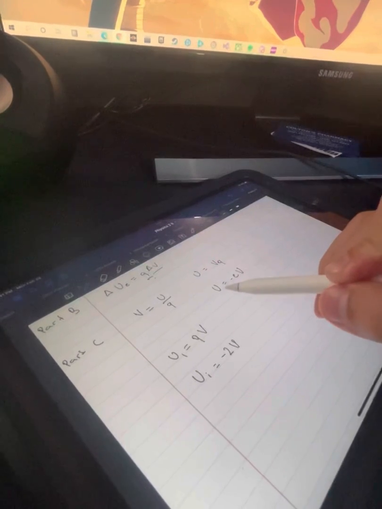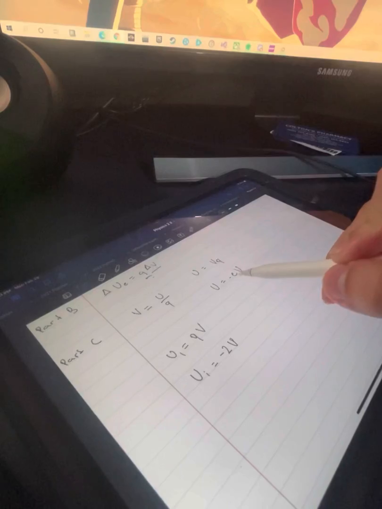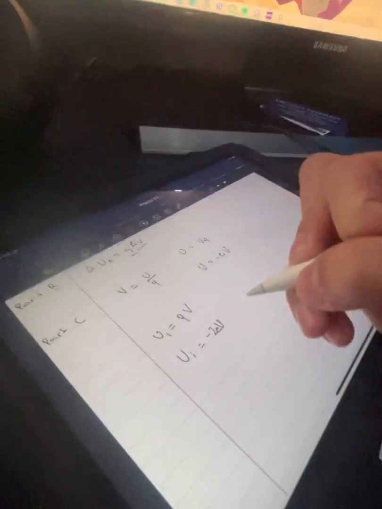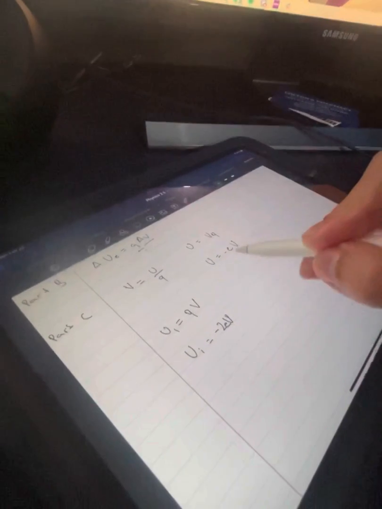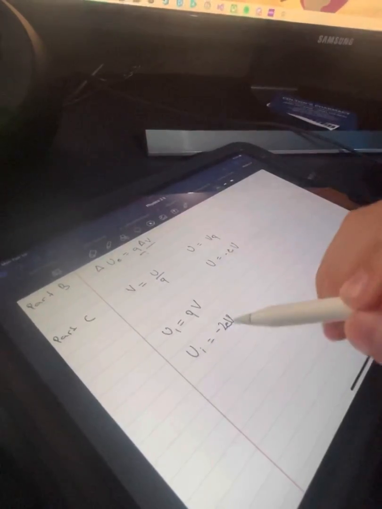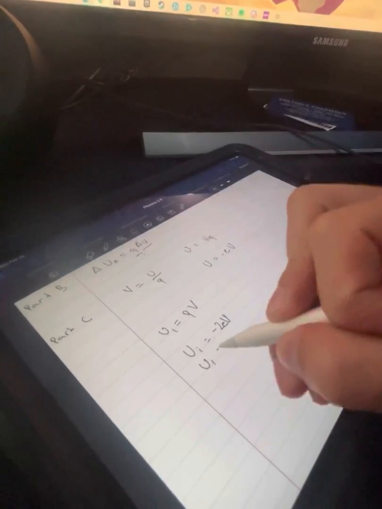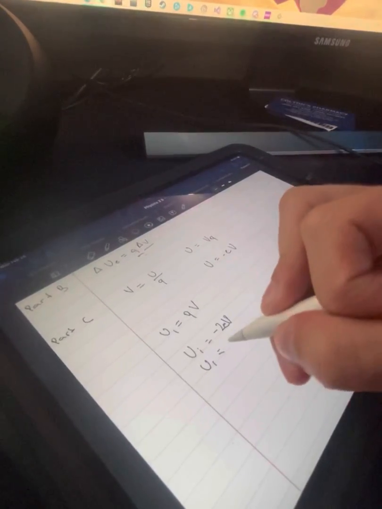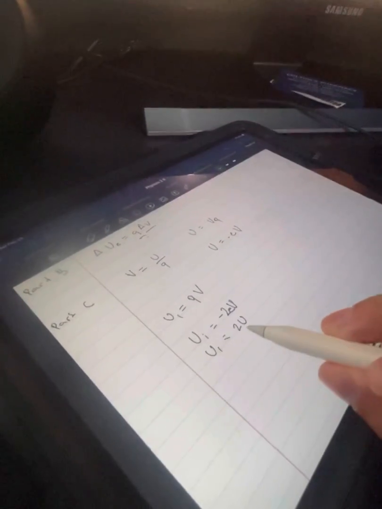Since we know that U equals negative eV, we can say that the electrical potential energy of the ion, negative 2eV, can just equal 2U. Therefore, it is twice as much.